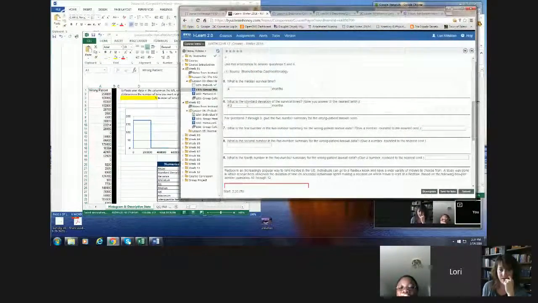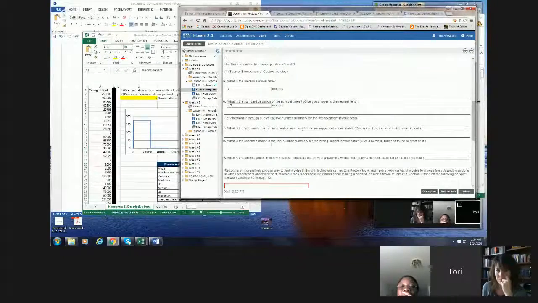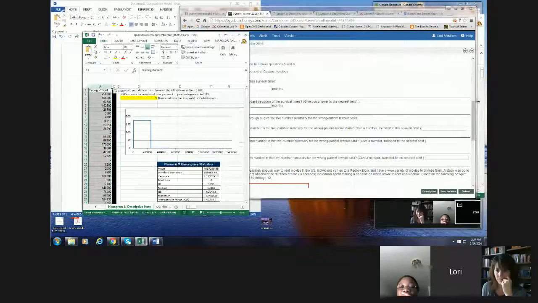So what's the first number in the 5-number summary for the wrong patient lawsuit data? Well, the minimum's first. Is there a 0? There is a 0. So 0 is the minimum.